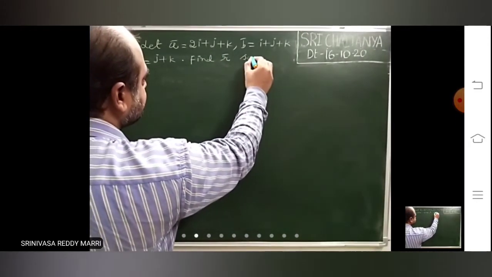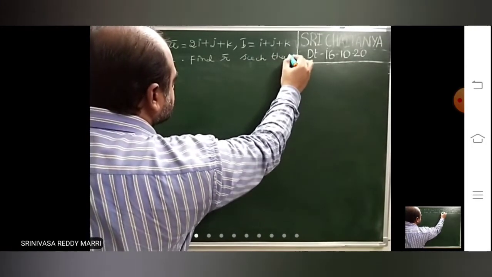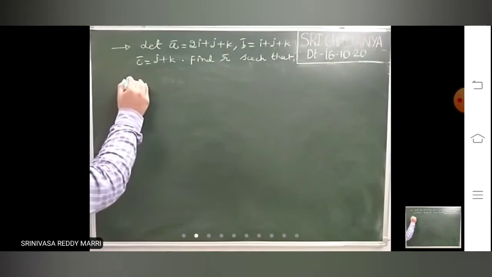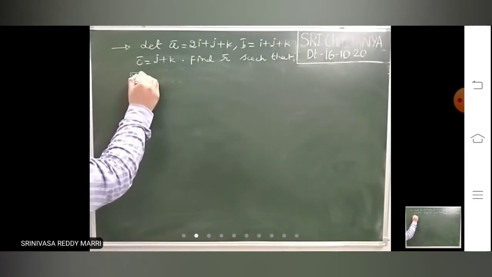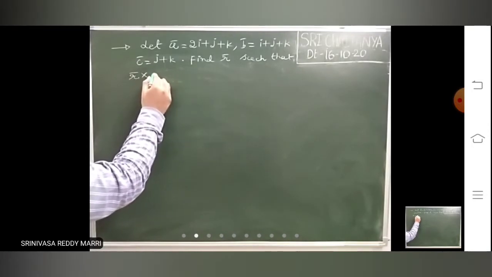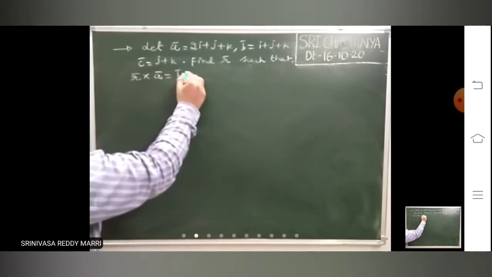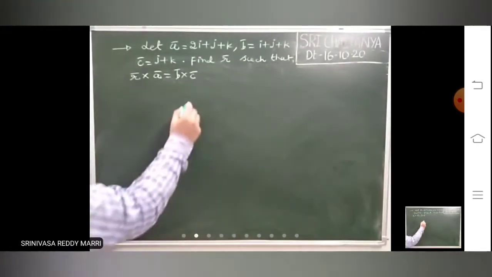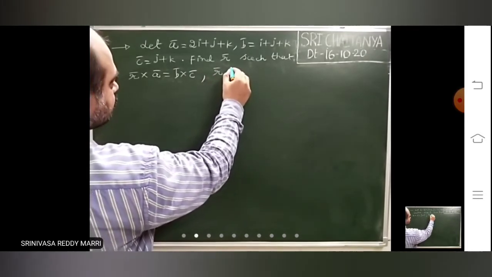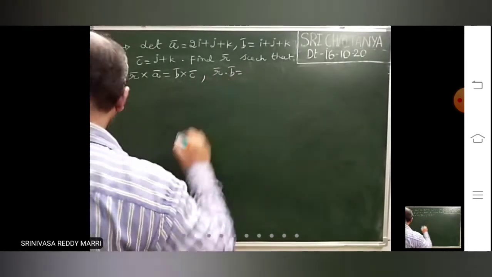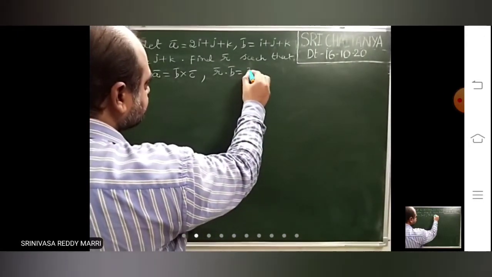A vector R bar is there such that it is satisfying these conditions: R bar cross A bar equals B bar cross C bar, comma, R bar dot B bar equal to 3.